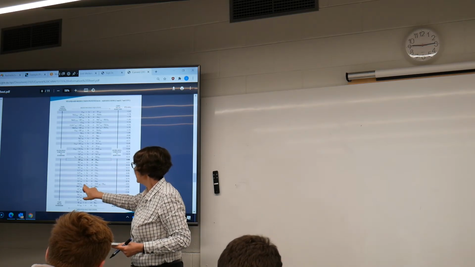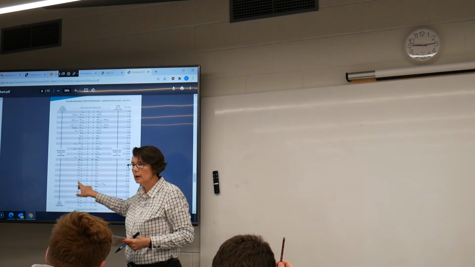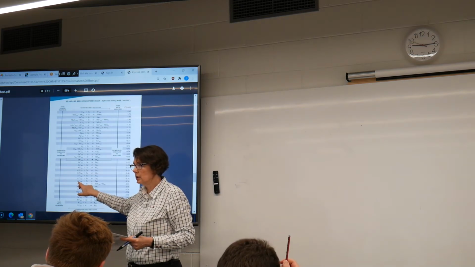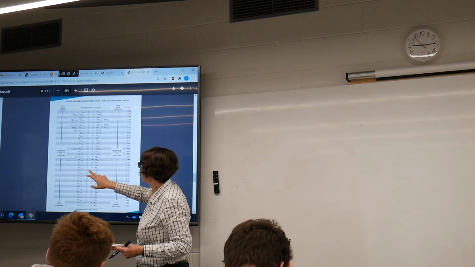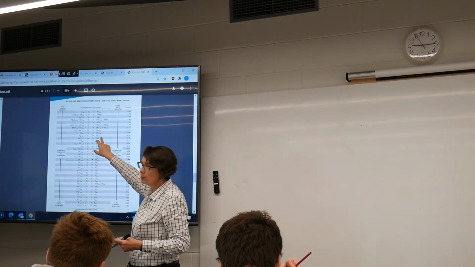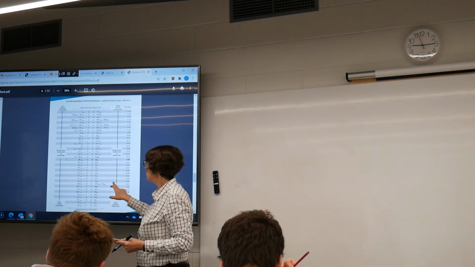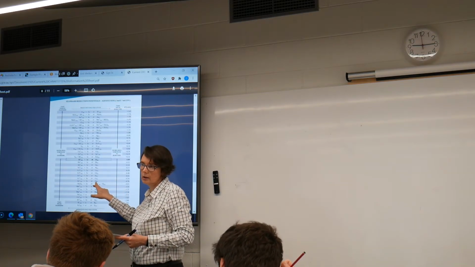And then for our zinc 2+ ion, there will be no reaction with either metal because the copper and the mercury are both weaker reducers than zinc.